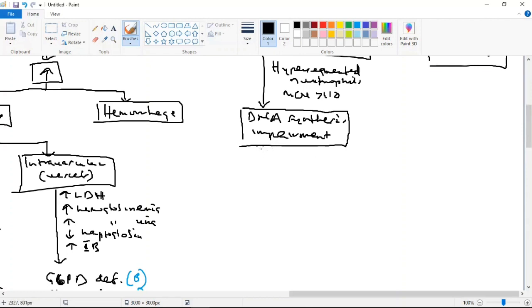So of course, my major differentials here would be B12 deficiency, B9 deficiency, and orotic aciduria.